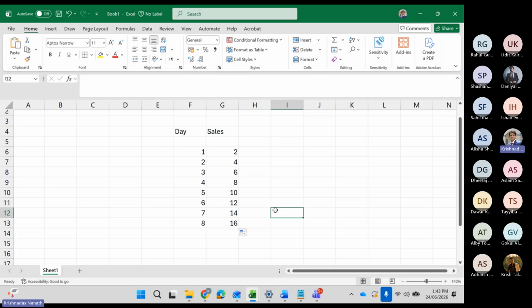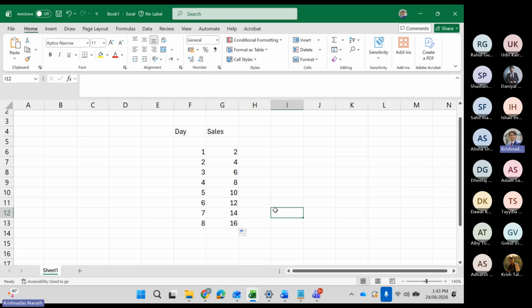Very simple. Welcome. You already know regression, you already know forecasting. So that's a great start. Let me complicate a bit. What do you think is the predicted sales for day number 31? 62. How did you get that? Multiple of 2. All right. Now let's slowly build it from there.